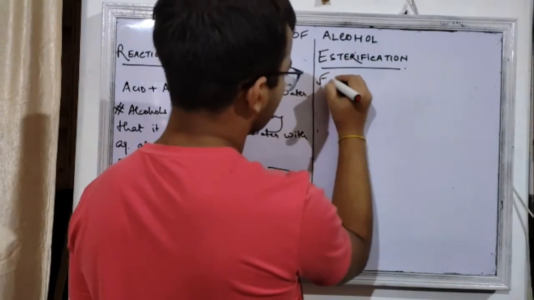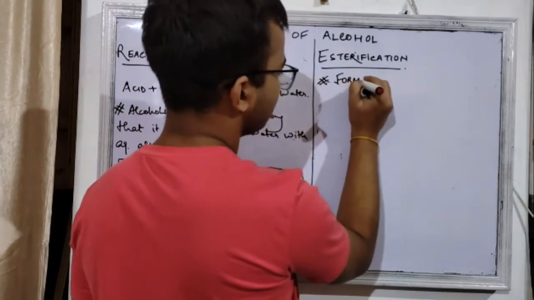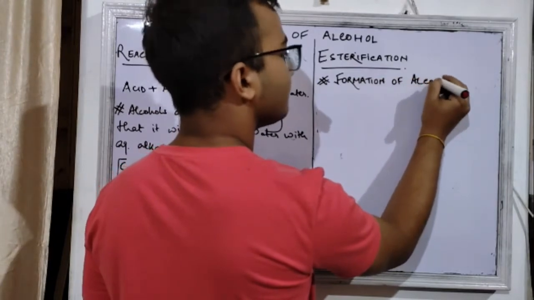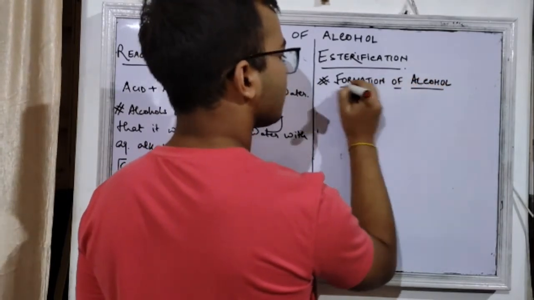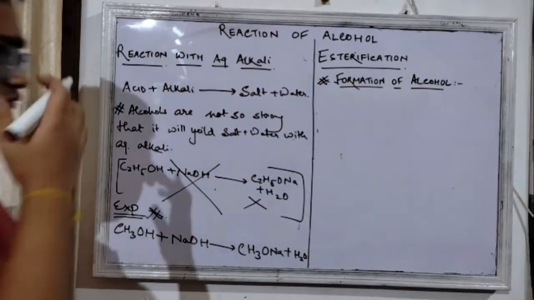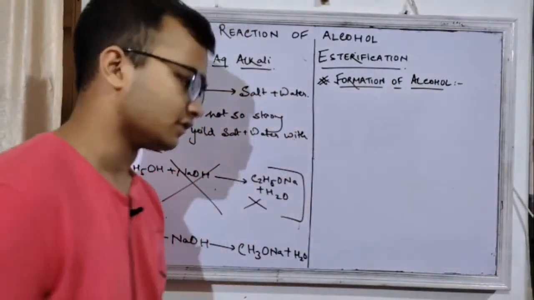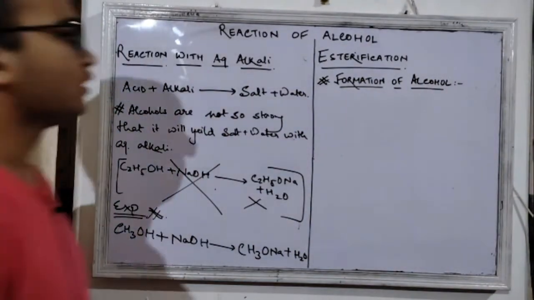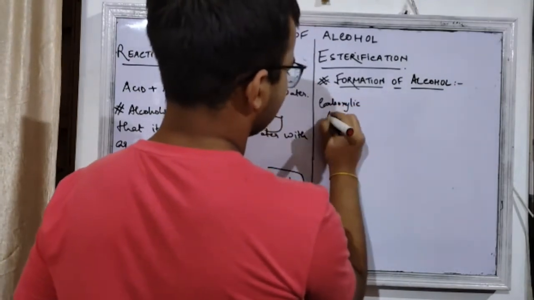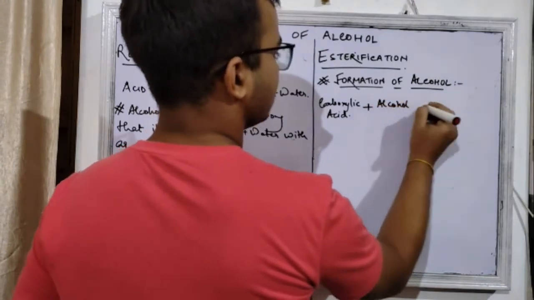Now you have to remember that carboxylic acid or any acid plus alcohol reacts to form an ester. So if you want, you can write carboxylic acid plus alcohol will give ester.